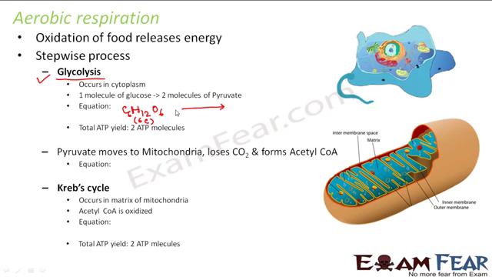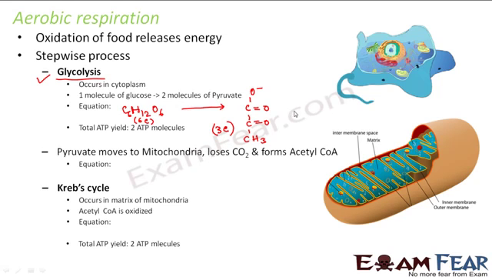So it gets converted into a little simpler form. In pyruvate, we have 3 carbon atoms. So the structure of pyruvate looks somewhat like this. How many carbons do we have? We have here 3 carbons. So pyruvate is a 3-carbon molecule.